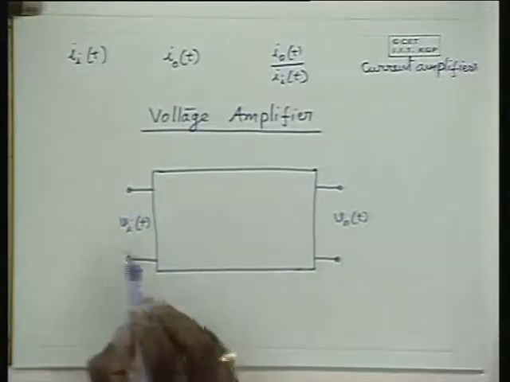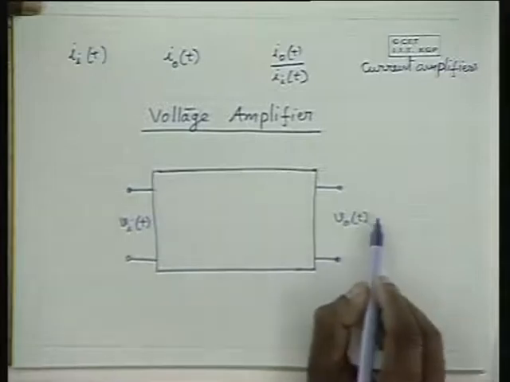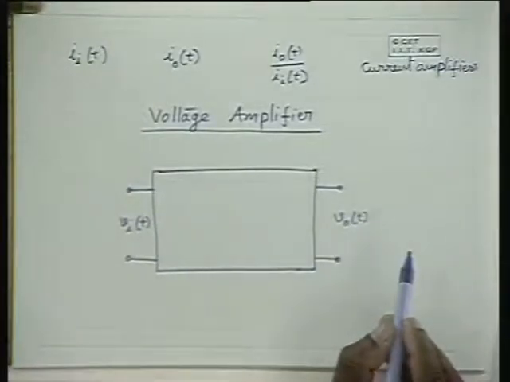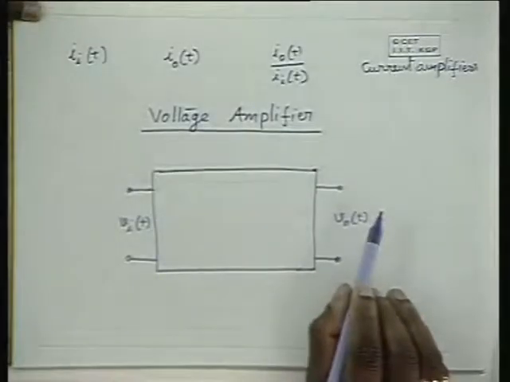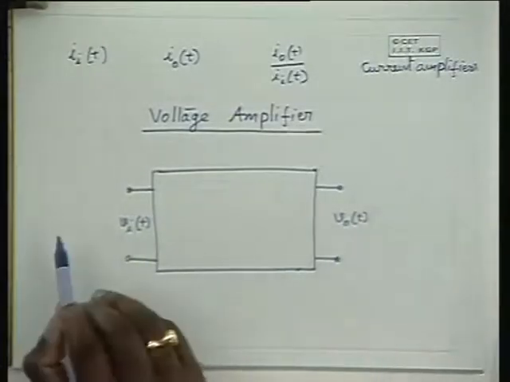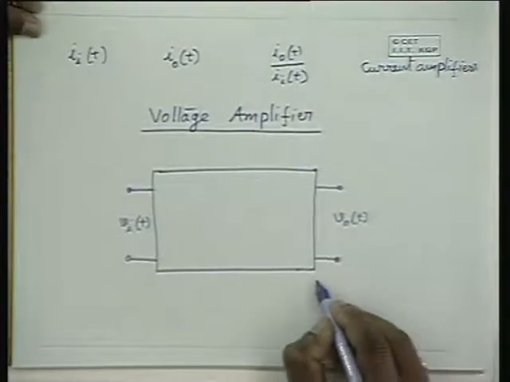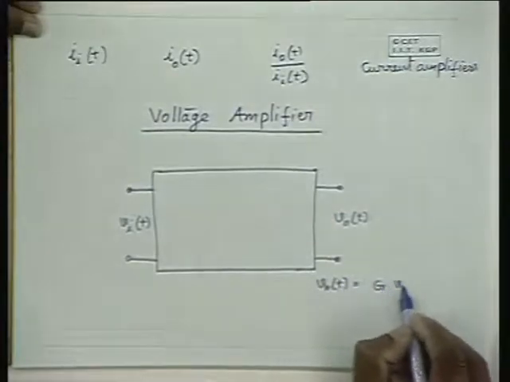As an example, if this is a 1 volt sinusoid, output may be a 10 volt sinusoid at the same frequency and same phase, in which case the amplifier acts like just a multiplication by 10. So VOT is 10 times VIT, or in general VOT is some gain G times VIT.